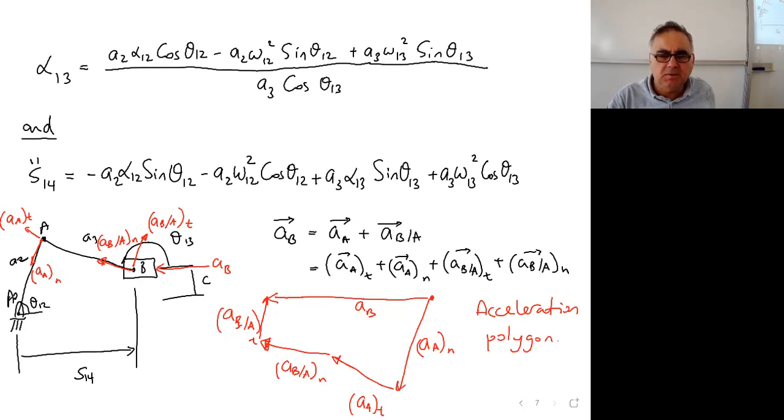In a way, you can draw it as a triangle as well. For example, this AA normal and AA tangential added up gives you AA. And AB relative to A normal and AB relative to A tangential gives you AB relative to A. So AA plus AB relative to A gives you AB.